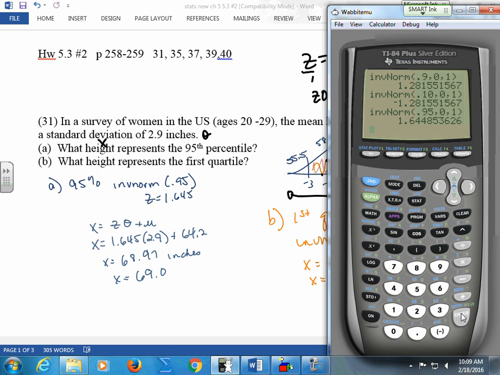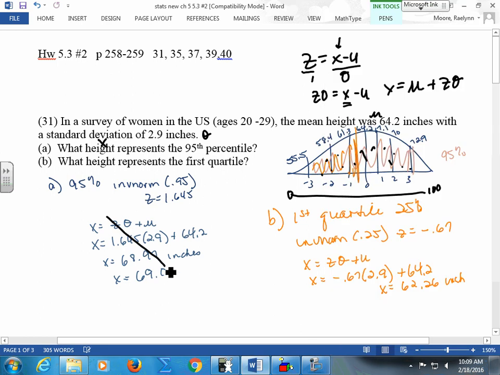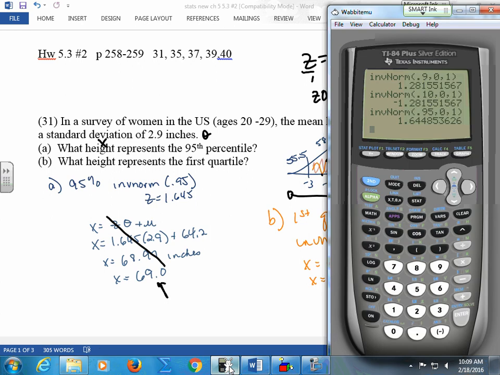If you wanted to avoid this and cut right to this, all you have to do in your calculator is go back to this and put in the mean, which is 64.2, and the standard deviation, which is 29, and let the calculator do the rest.